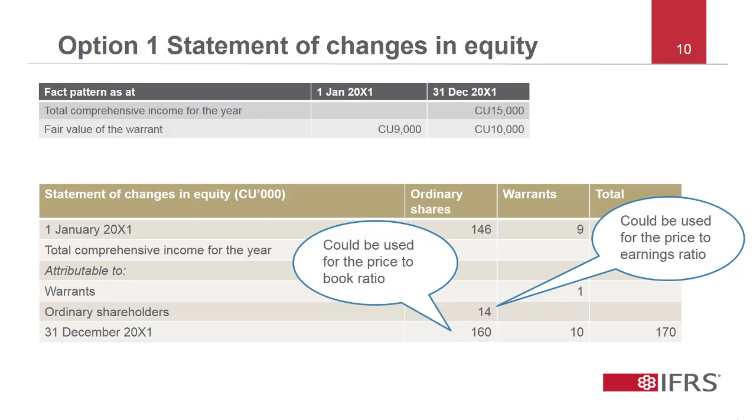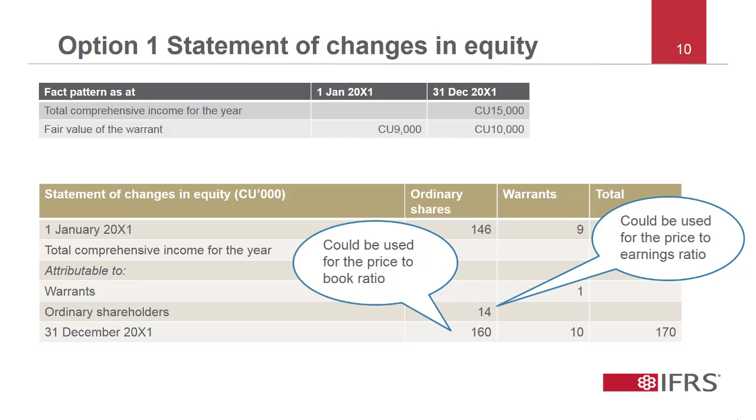As you might have noticed already, it is possible for the fair value of the warrant to increase by more than Company A's total comprehensive income. Say, if the fair value of the warrant increased by 20,000 currency unit, which is more than Company A's total comprehensive income for the year, 15,000 currency unit, 20,000 currency unit will be attributed to the warrant, and that leaves ordinary shareholders a negative amount of 5,000 currency unit.